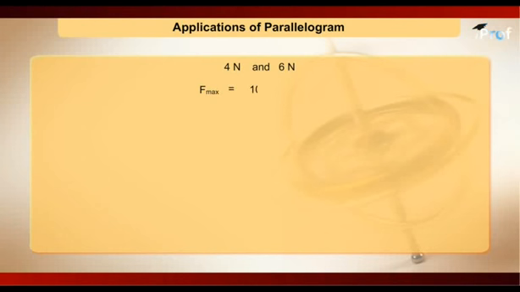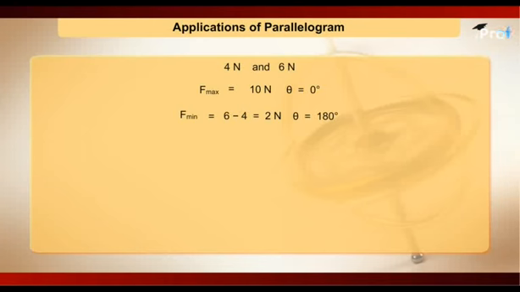The maximum value of the force will be equal to 10 Newton when these two forces act on a body at an angle of 0 degrees. And the minimum value of the force is equal to 6 minus 4, that is equal to 2 Newton, when these two forces act at an angle of 180 degrees with each other.